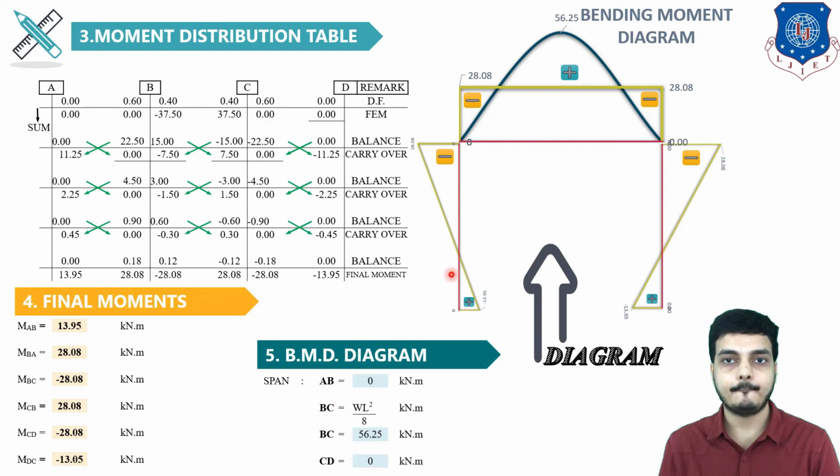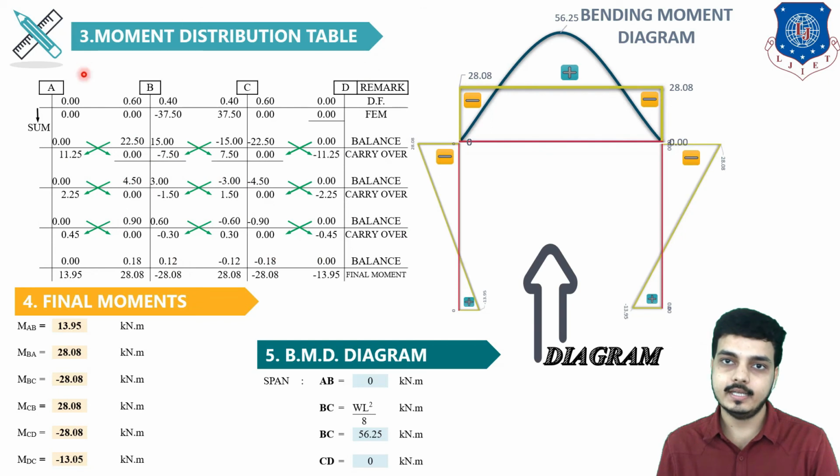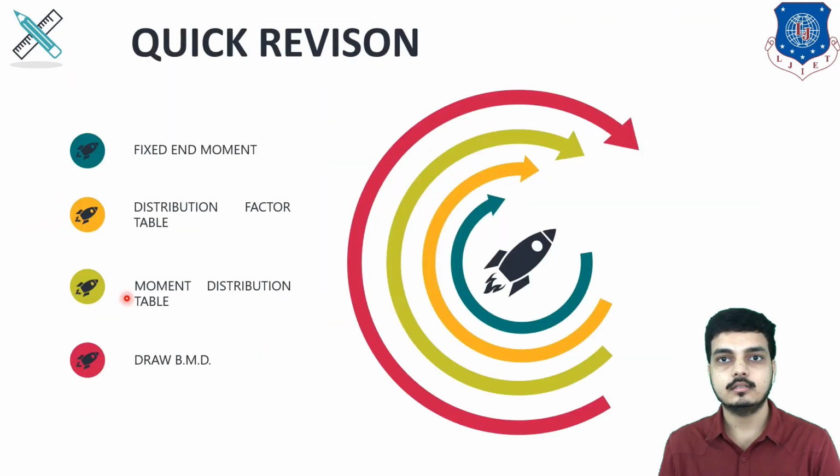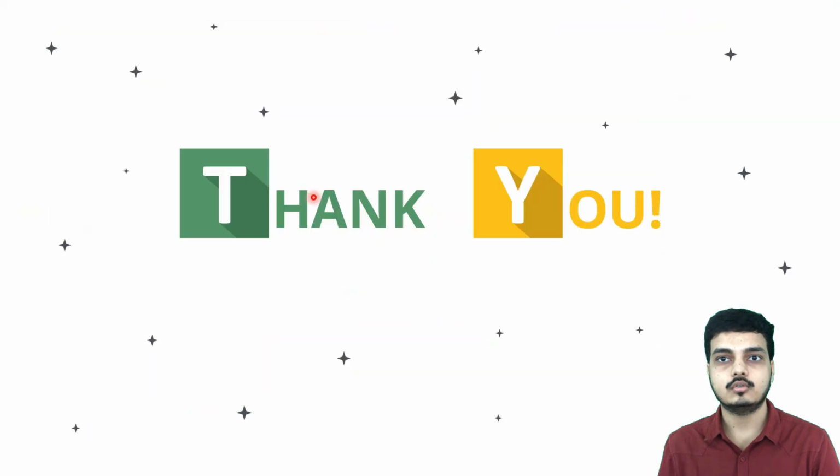I have shown you this table 3 to 4 times step by step. In the exam you have to draw only a single table and calculate all the steps in that single table only. You don't have to repeat it 3-4 times like I have here.